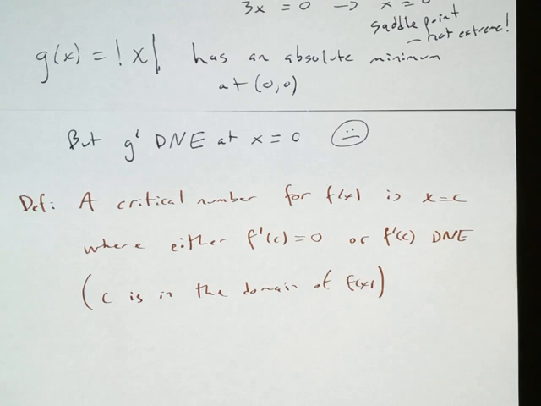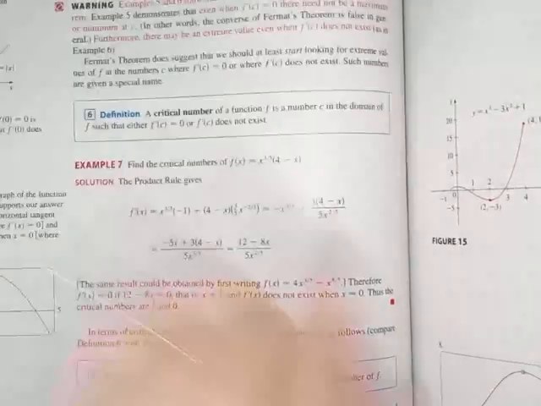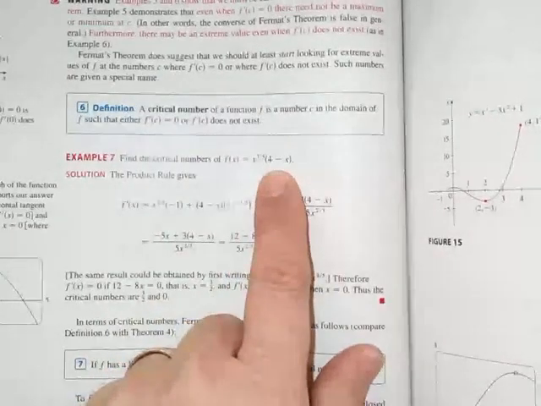One of the examples in the text, Chapter 4, Section 1, page 7, has a function x to the 3/5 times 4 minus x.